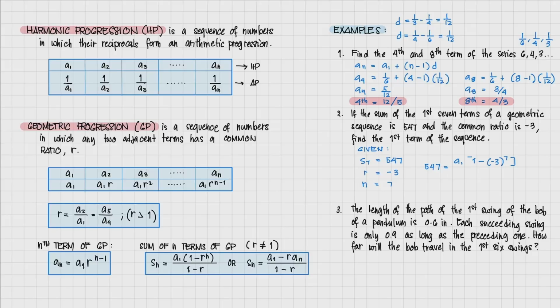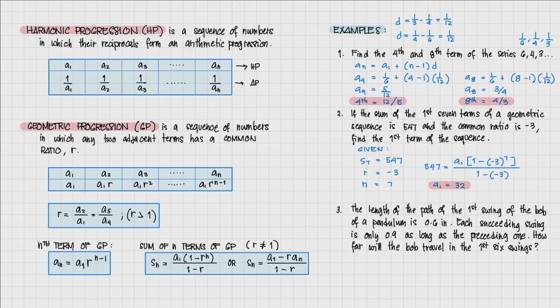Let's use a bracket for this one. All over 1 minus R, which is -3. Alright, so we can now solve for our A1. From this equation, our A1 would be equal to 32. So that is the first term of our sequence.